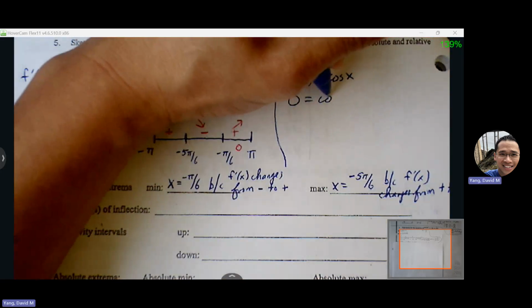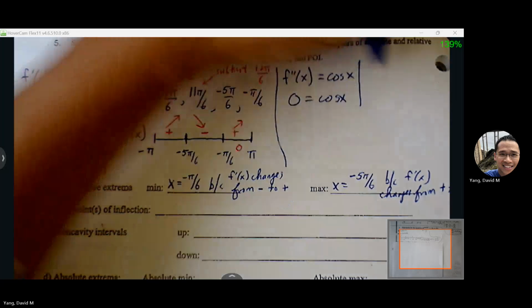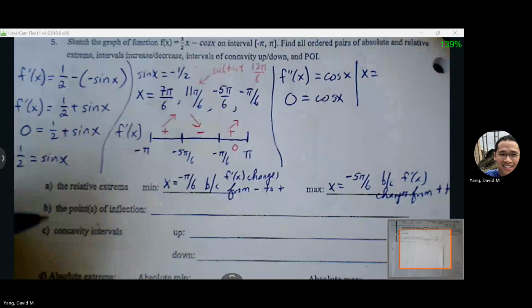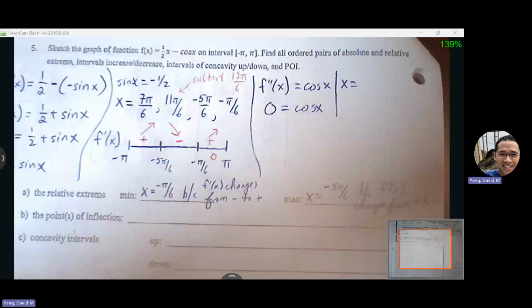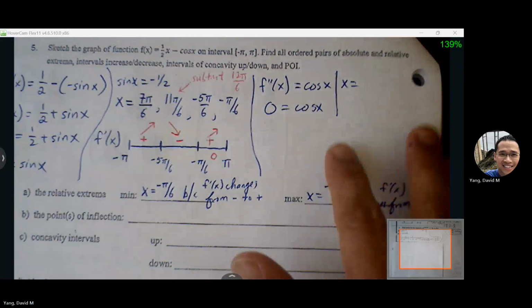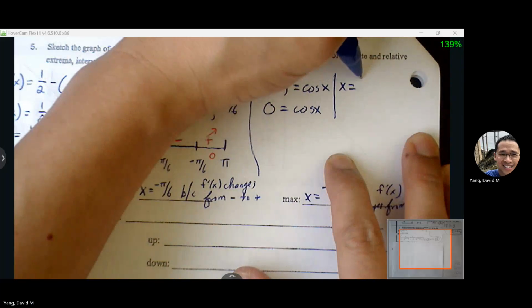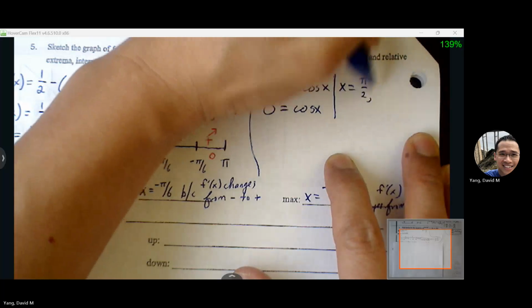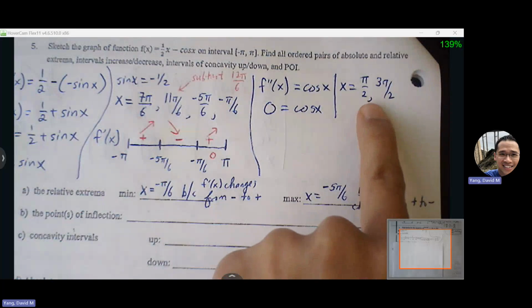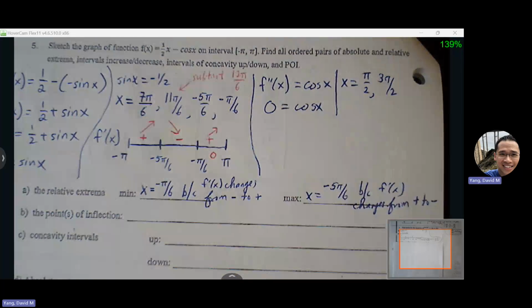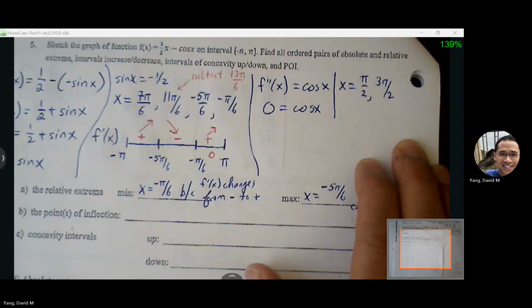That equal to 0. Okay, where is cosine equal to 0? Subtract 2 pi from each of them to see if we can have anything that's going to land.